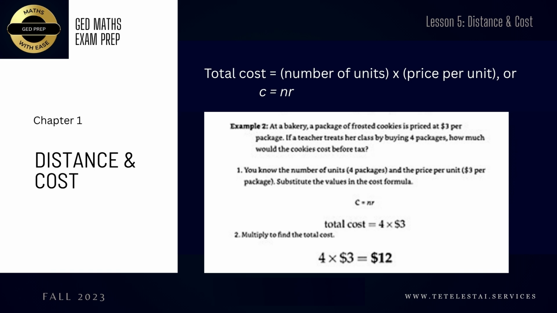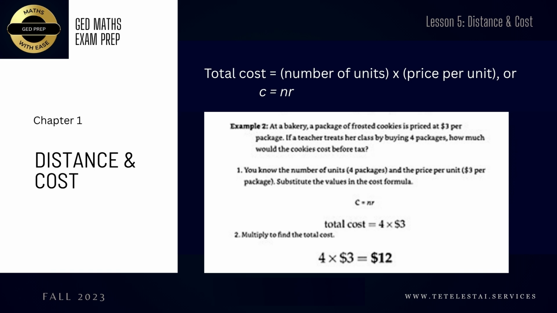The number of units is 4 packages and the price per unit is $3 per package. So you simply substitute that information into your formula. 4 times 3 is 12, so it's going to cost her $12.